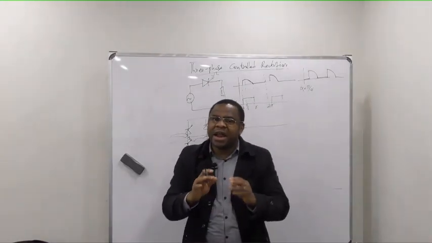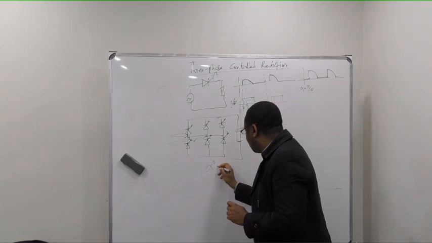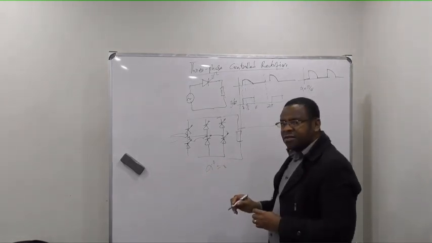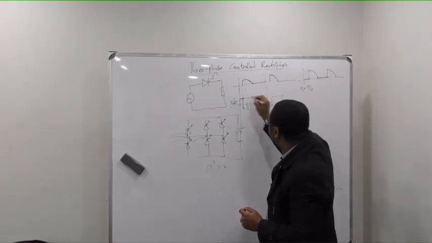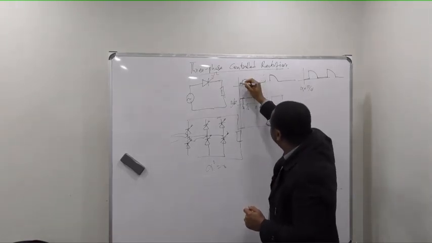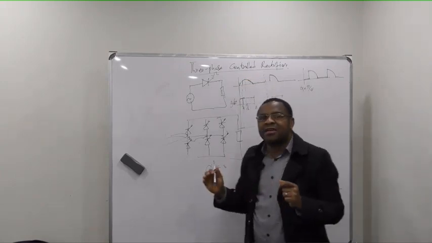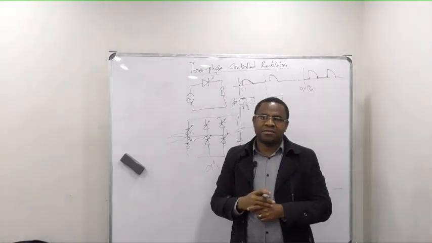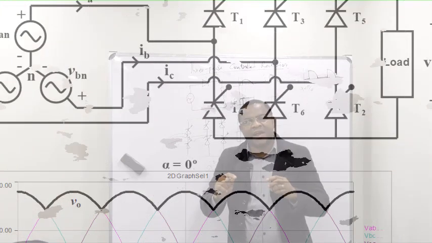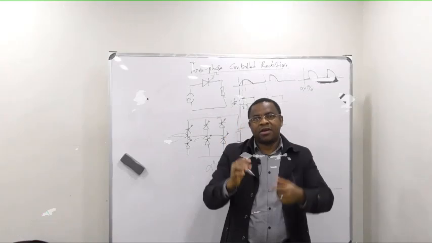If the firing angle is equal to 0, then the output will remain exactly like that of the diode rectifier.